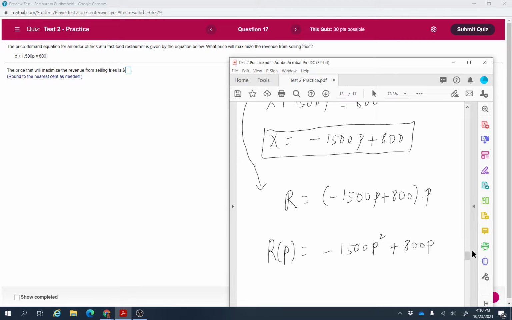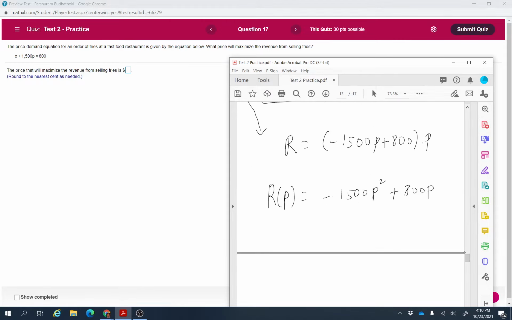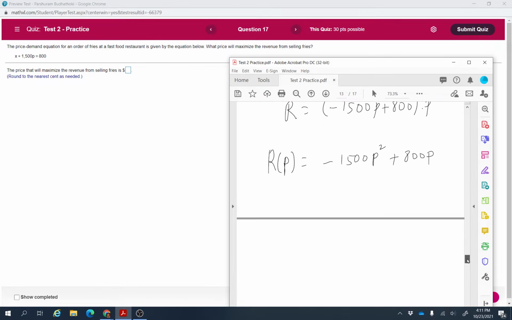So we would like to maximize this revenue. For the maximum or minimum value, we can use the second derivative test, meaning we find the derivative of this function, find the critical number, and find whether the second derivative is positive or negative at that critical number.